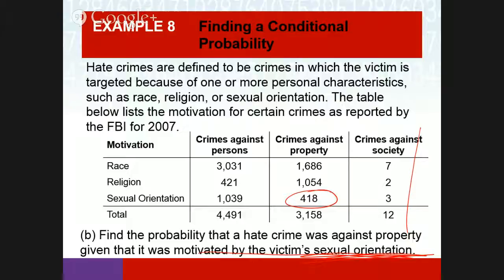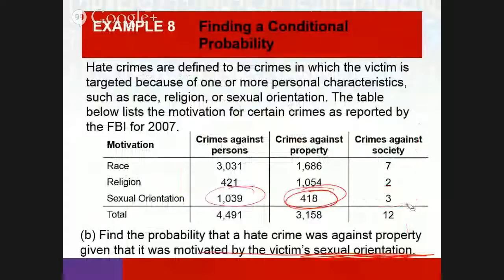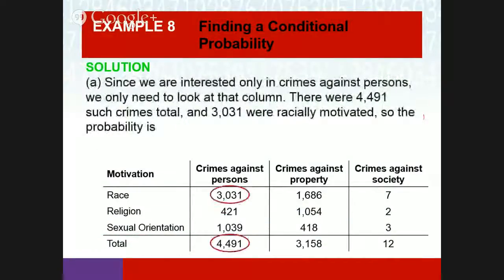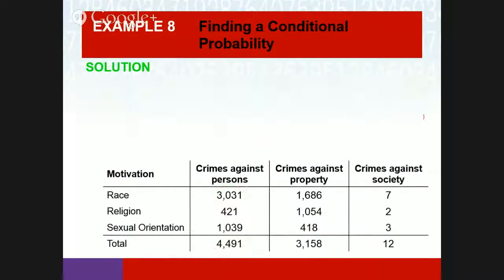This doesn't have a total for sexual orientation, does it? Does yours have a total column? No. That would be kind of helpful. Given that it was motivated by the victim's sexual orientation, how many crimes were motivated by the victim's sexual orientation? All these were motivated by the victim's sexual orientation. So ideally, we'd have a total over here.